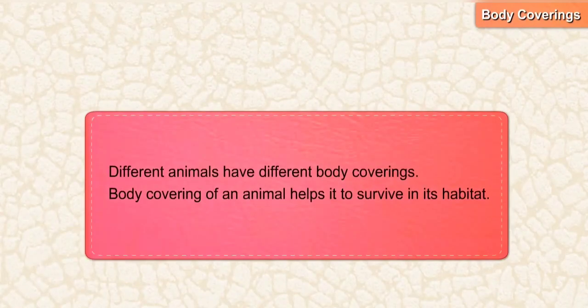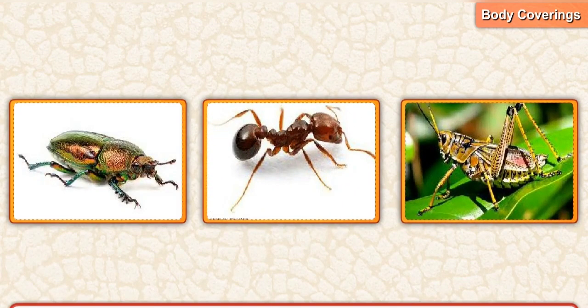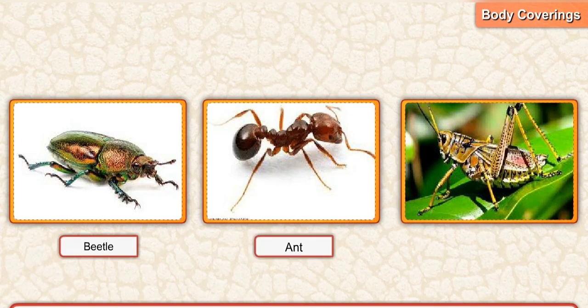Body coverings. Different animals have different body coverings. Body covering of an animal helps it to survive in its habitat. Cuticle. Bodies of insects like beetle, ant, and grasshopper are covered with hard cuticle.